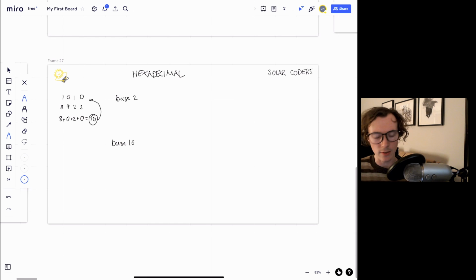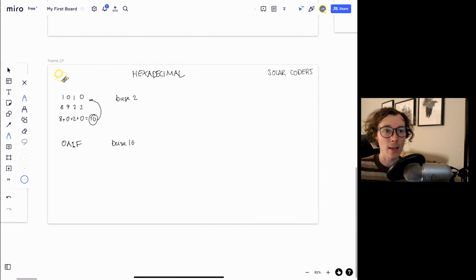If you've ever seen hexadecimal before, it will often look something like A1F, right? This is a hexadecimal number, and that isn't an L. That's a one right there. And I think the thing that really confuses people when they first see this is that it has letters in it, and they're like, how can a number have letters in it? That makes absolutely no sense to me.